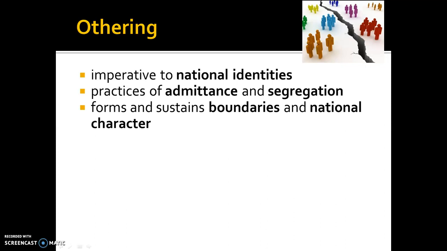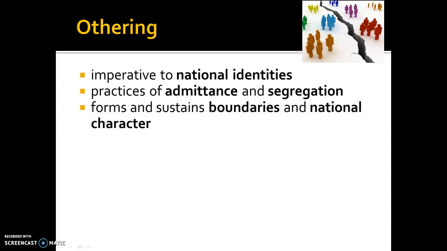Othering helps form and sustain a sense of boundaries between who you are and who you're not, us versus them, and who you feel yourself to be in terms of a nation, who a group feels themselves to be in terms of a nation.